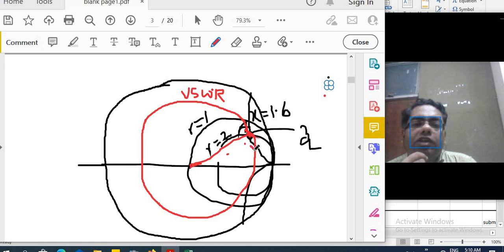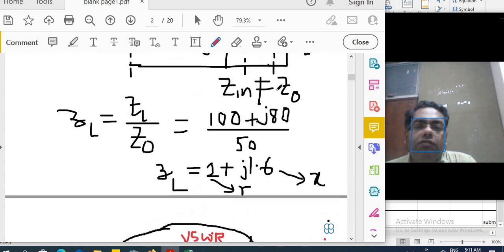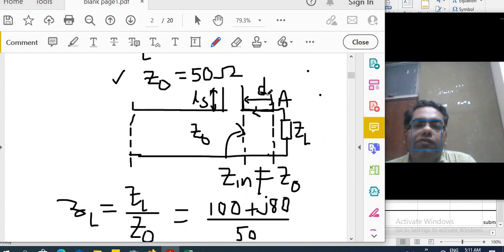We will travel in the clockwise direction, because moving clockwise is moving towards the generator.